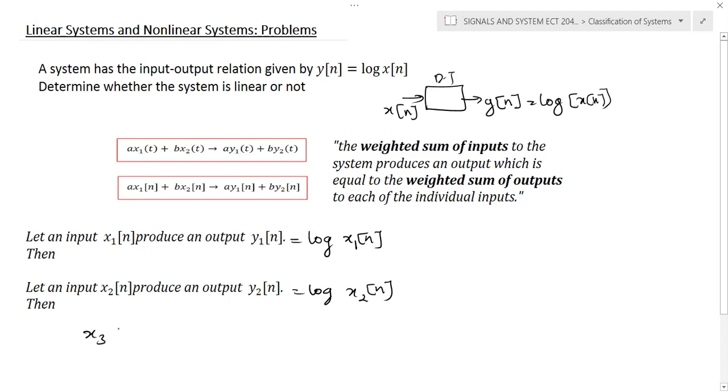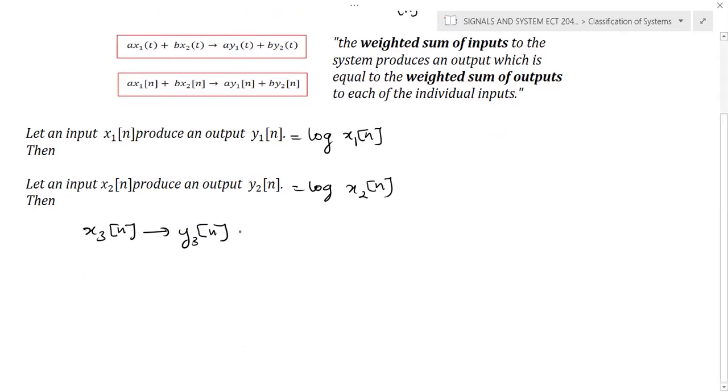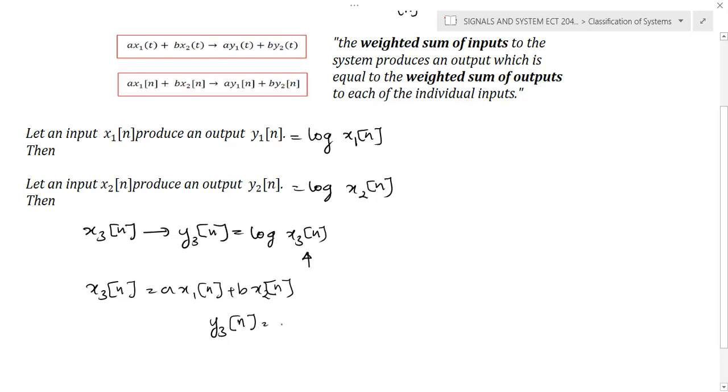And if you consider the third input x3 of n, which gives y3 of n, y3 of n can be written as log x3 of n. And assume that x3 of n is in this particular format, a x1 of n plus b x2 of n, because it's a linear combination of the two inputs. And in place of x3 of n, you can substitute this expression. Then y3 of n becomes log of a x1 of n plus b x2 of n.